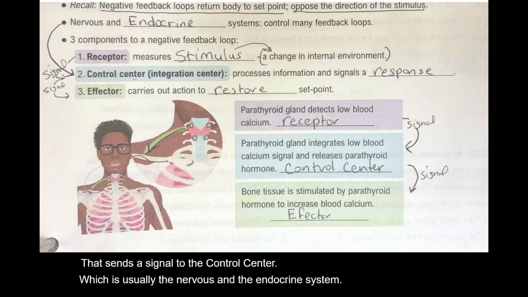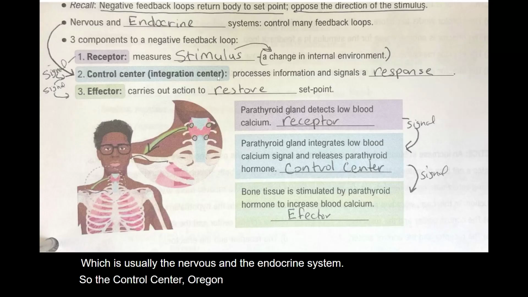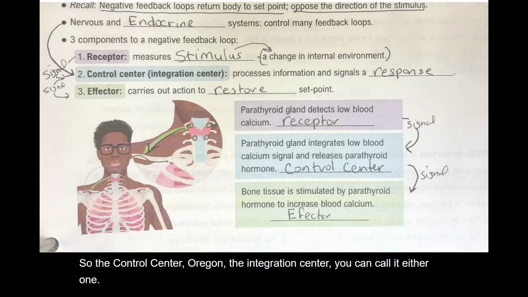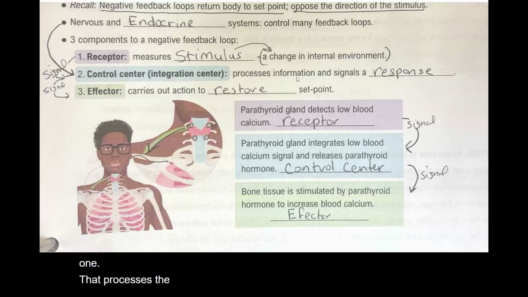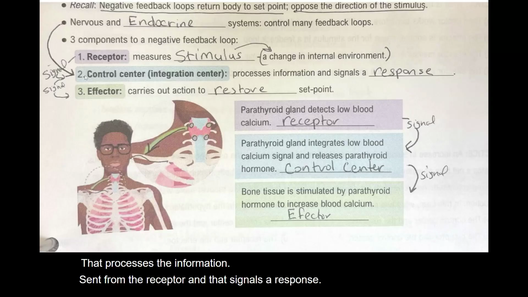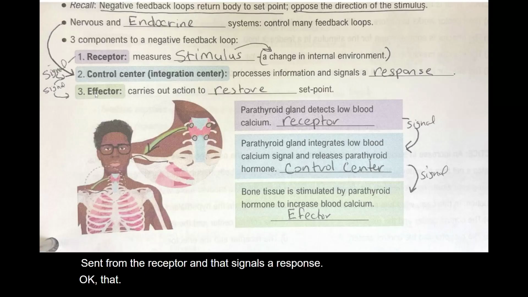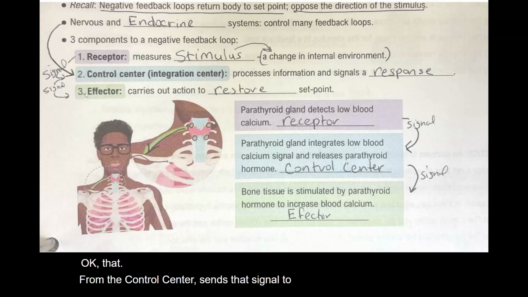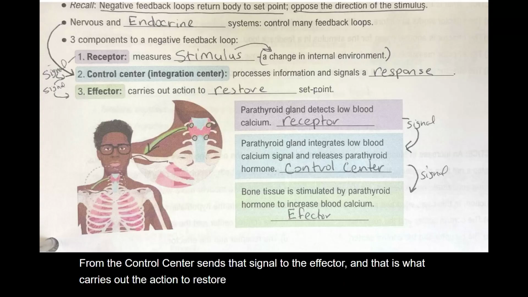So the control center, or the integration center, you can call it either one, processes the information sent from the receptor, and that signals a response. Okay, that signal from the control center is sent to the effector, and that is what carries out the action to restore the set point.